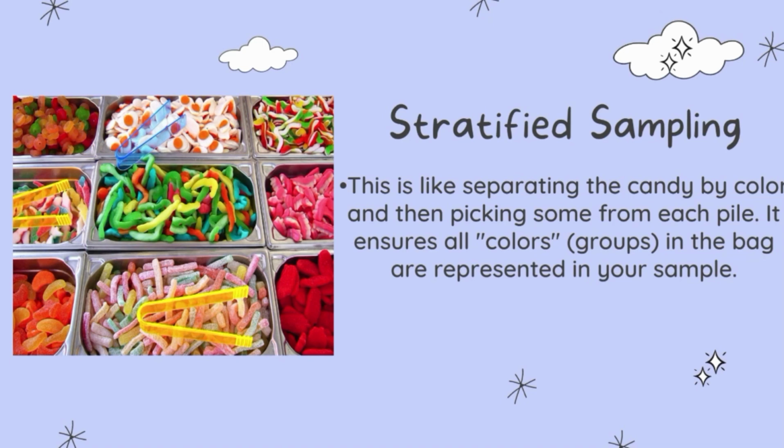From red we randomly select some candies, and from white and orange, we randomly take some candies. That is how stratified sampling works. Here, this is like separating the candy by color and then picking some from each bag.